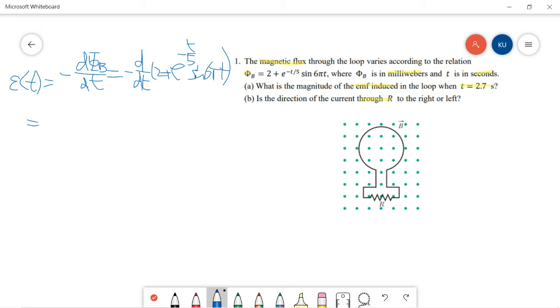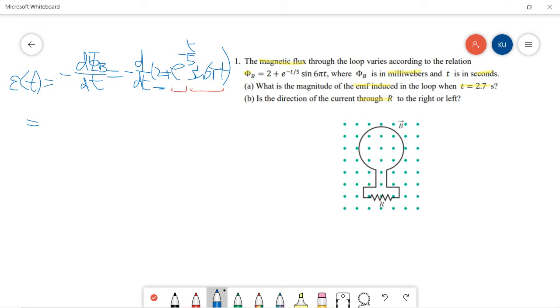The first term is a constant, so its derivative is 0. For the second term, there are two functions multiplied together, so we need to use the product rule.